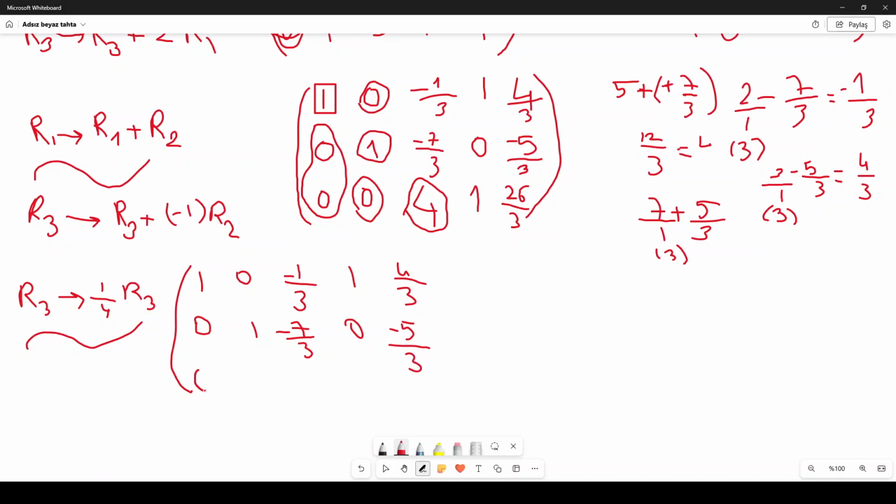And for the last row we got 0, 0, 1, 1 over 4, and we got what? 26 over 3 divided by 1/4. So when we turn it upside down, and canceling with 2, we have 13 over 6. Okay, 13 over 6.